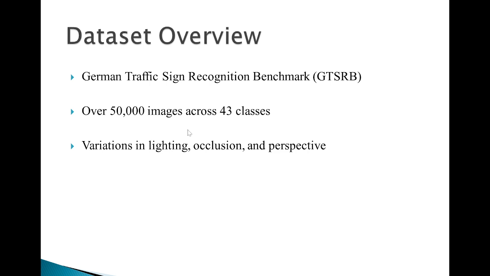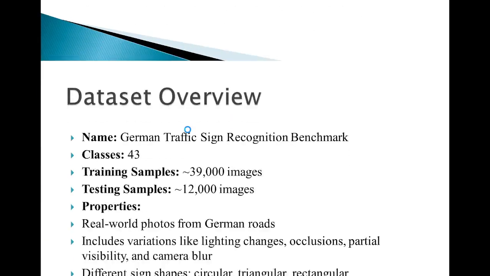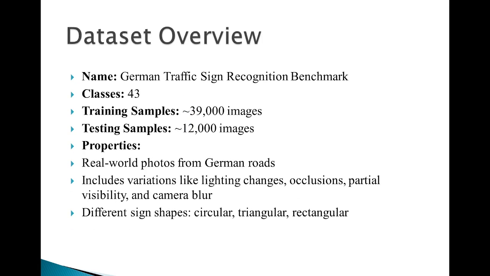Because it has many variations in lighting, different shapes, partial visibility, and camera blur. They split the dataset 80 by 20, which means the training samples are almost 39,000 and the testing samples are almost 12,000.